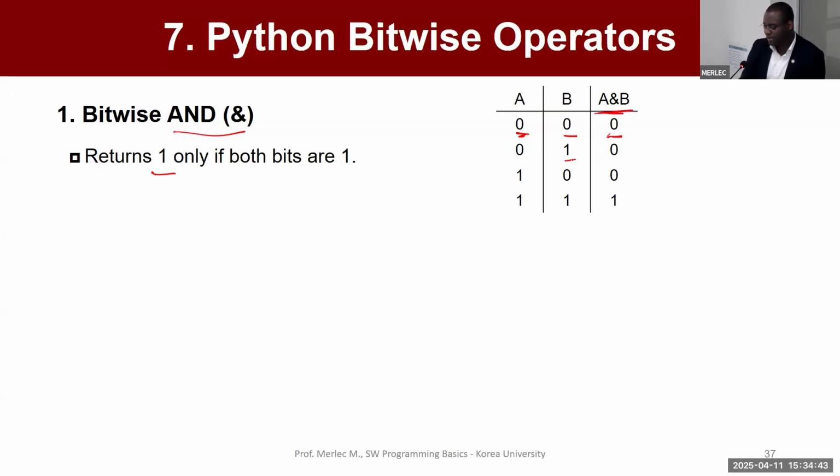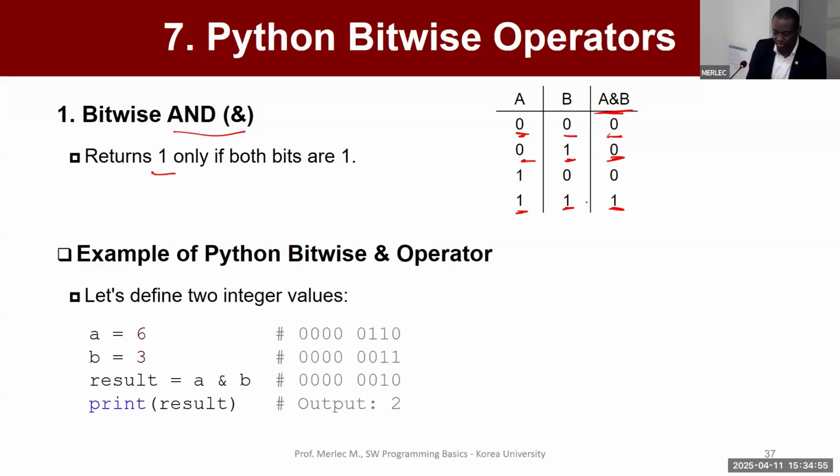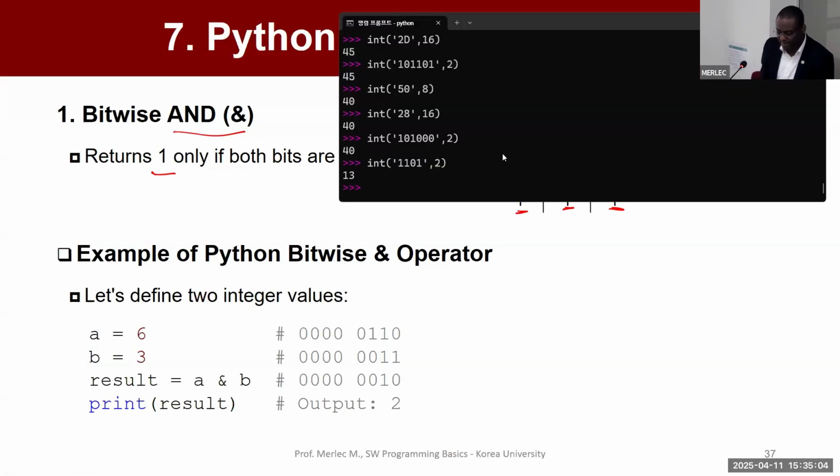If B is 1 and A is 0, it will give 0 because both are not 1. It will give 1 only when A and B are both 1, and the result will be 1. This is what we call the AND operator on the binary digits.